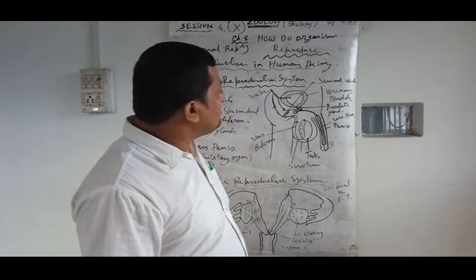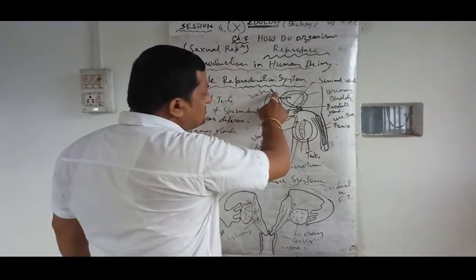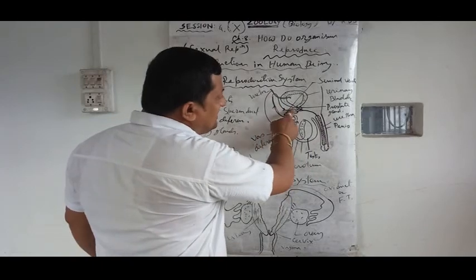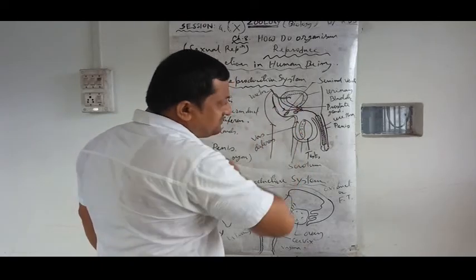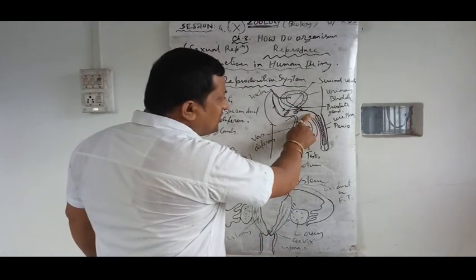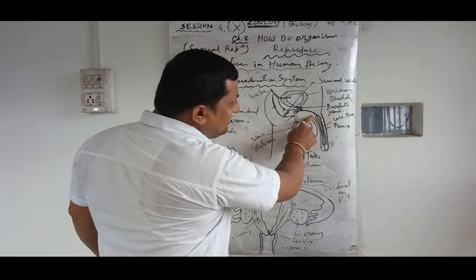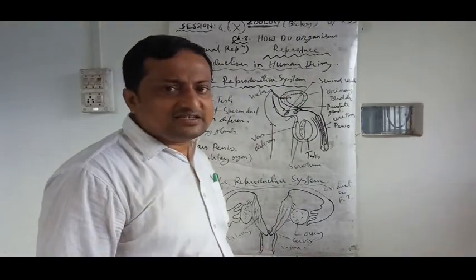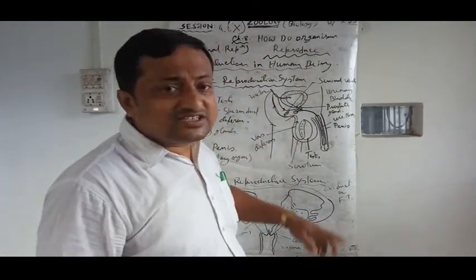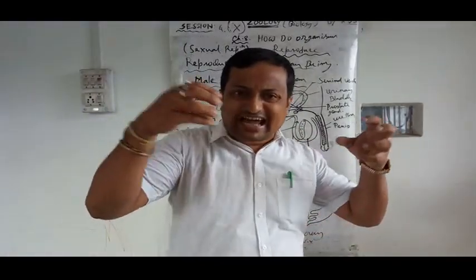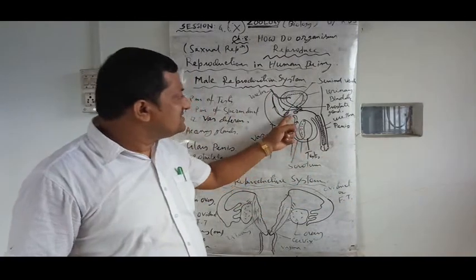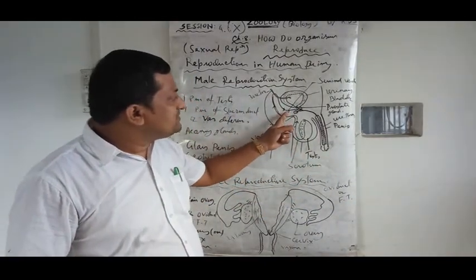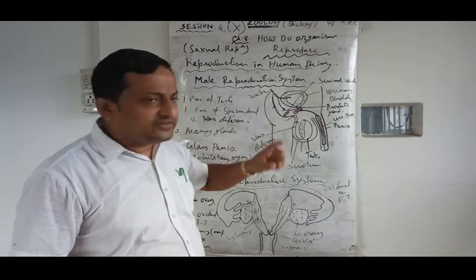Okay, so when this vas deferens, or sperm duct, goes near the urethra, it joins with it as a common urethra and finally goes out through the penis. When it goes out, some accessory glands also meet with the ducts, one pair, two pair, three pair.